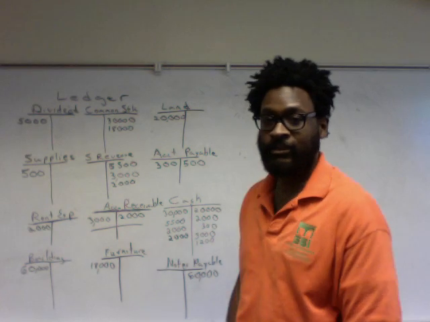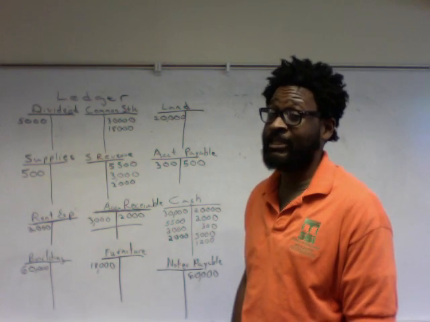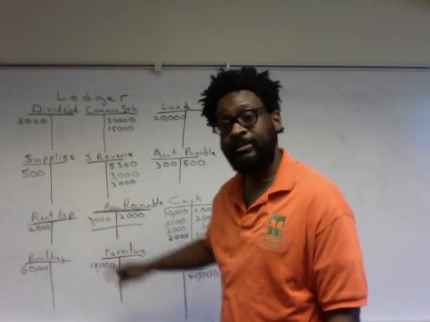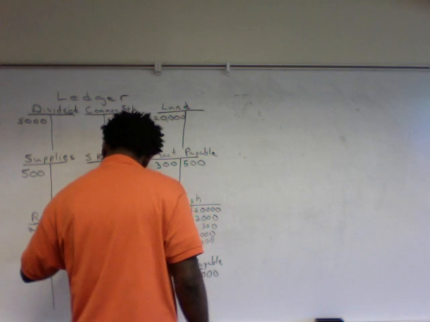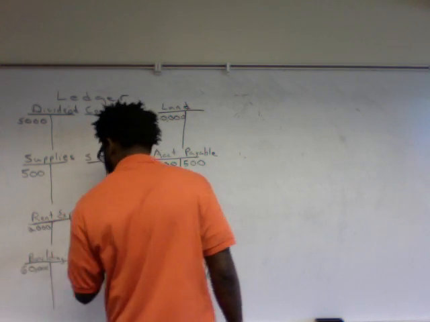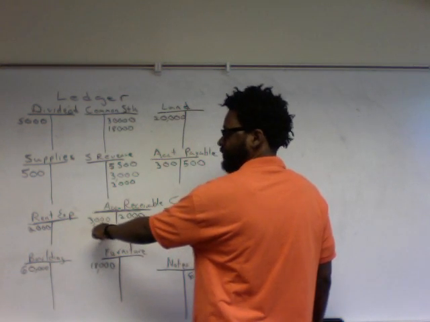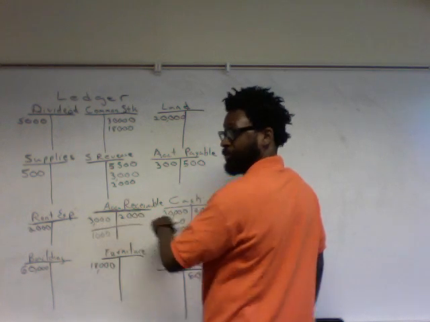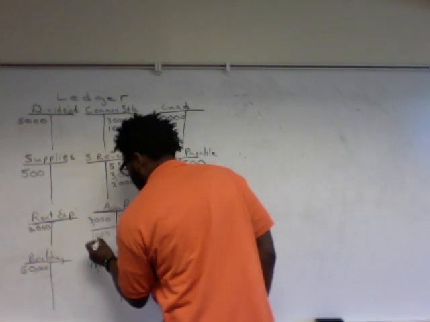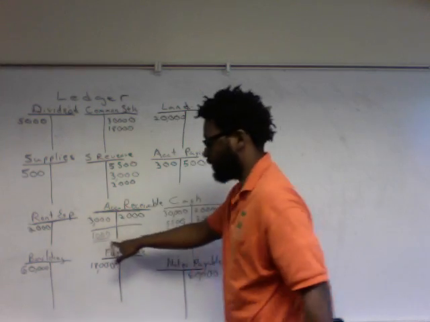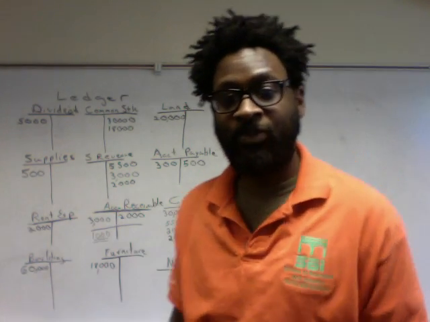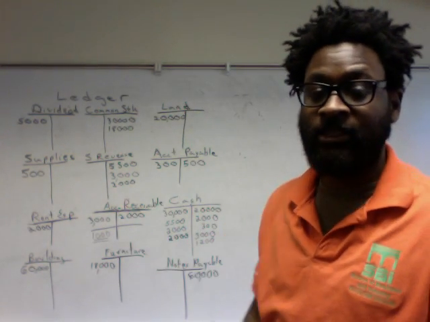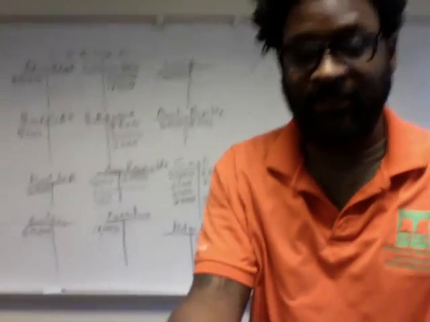The $1,000 goes on the side that has the highest amount, $3,000. So we're going to put $1,000 under there. We separate the ending balance from the regular transactions by putting a line on top. And that's going to give us $1,000. So at the end of this period, our accounts receivable balance is $1,000. Hopefully you guys can see that.